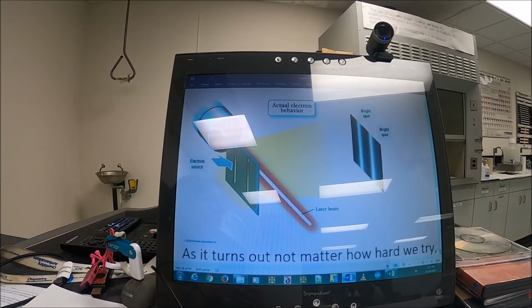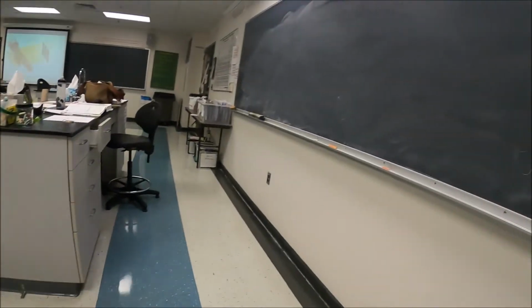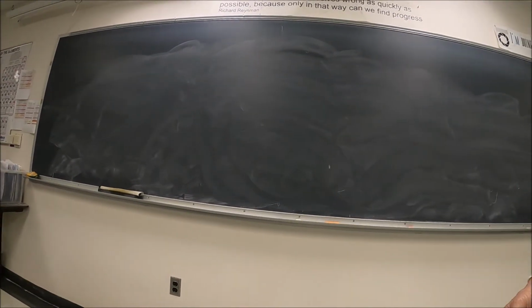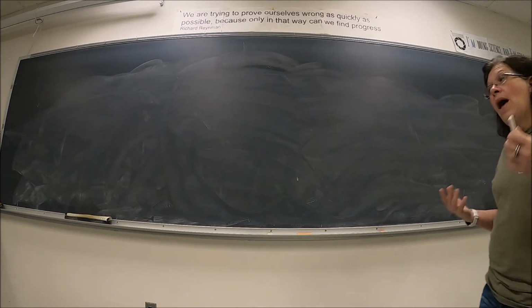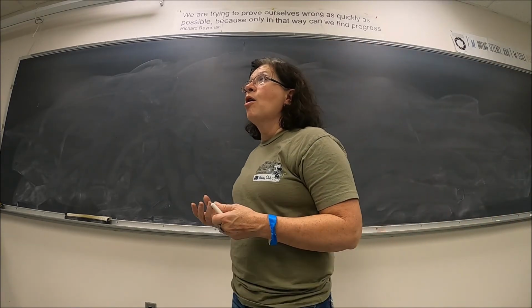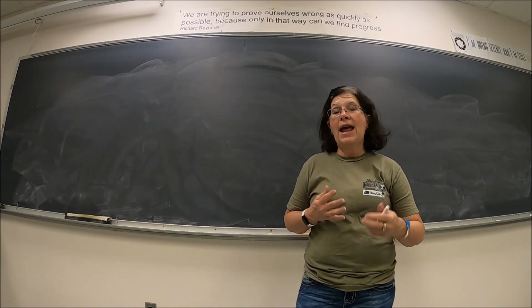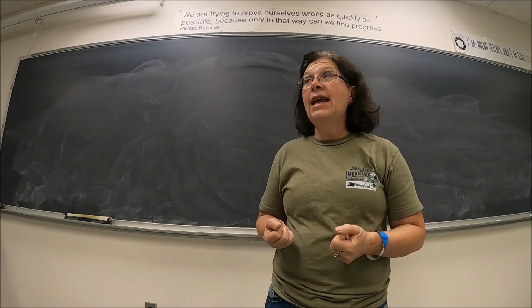So here's the rub. It turns out that no matter how hard we try, no matter what method we use, we can never see both the wave behavior and the particle behavior of an electron at the same time. Let me say that again.